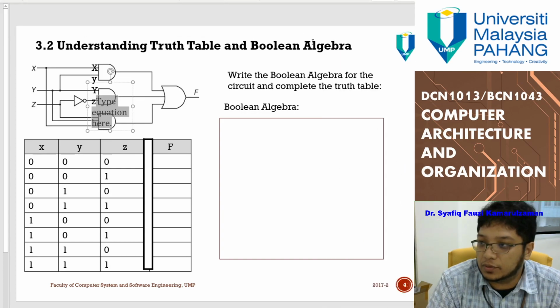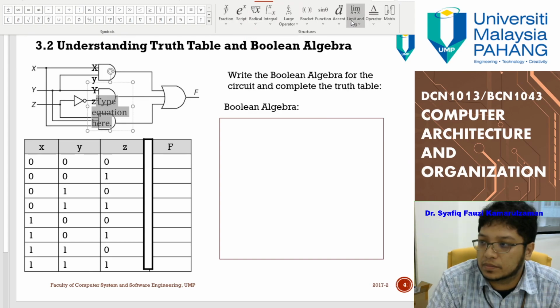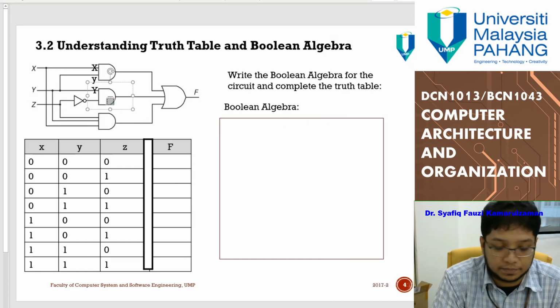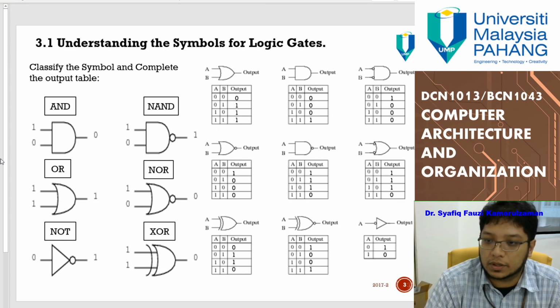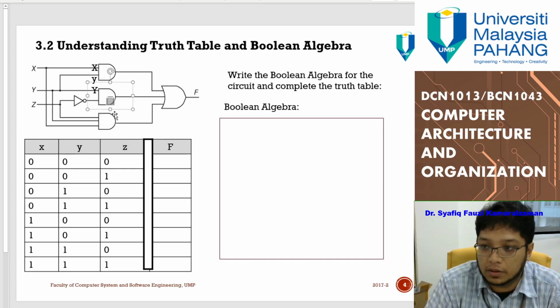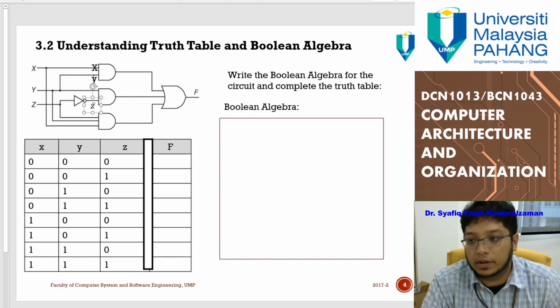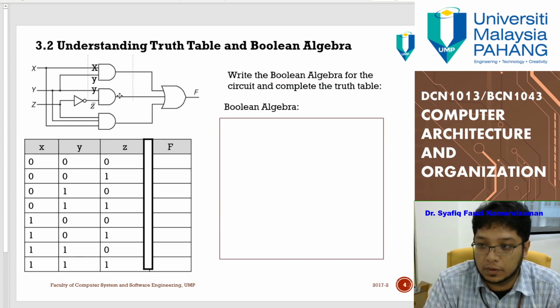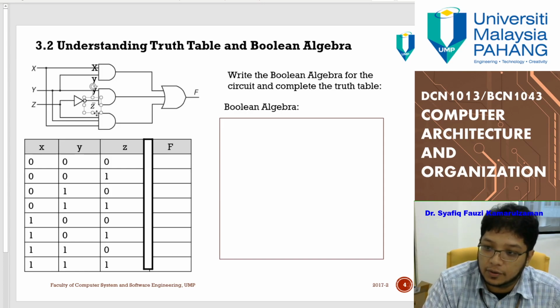So let's put in your equation. This one is Z bar, and on top here is Y. Z bar is Z entering a NOT, so it becomes Z bar.